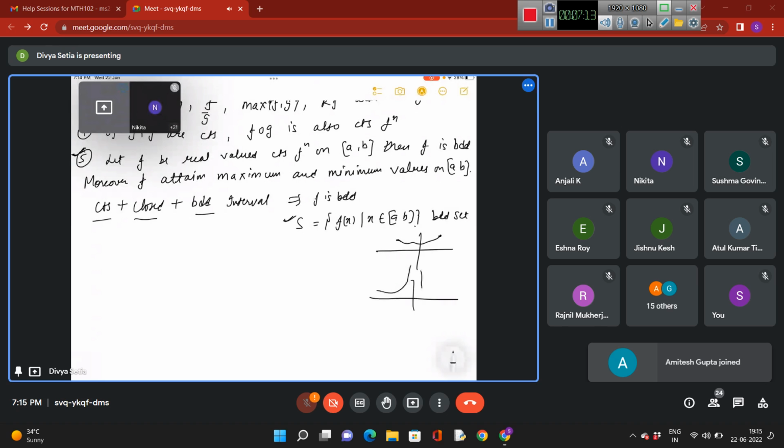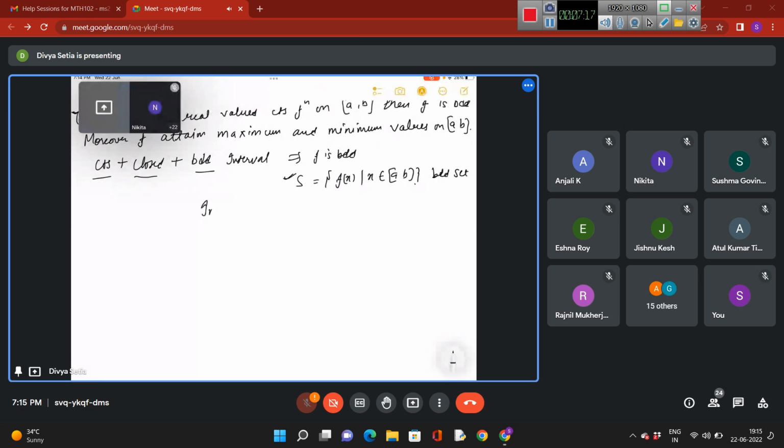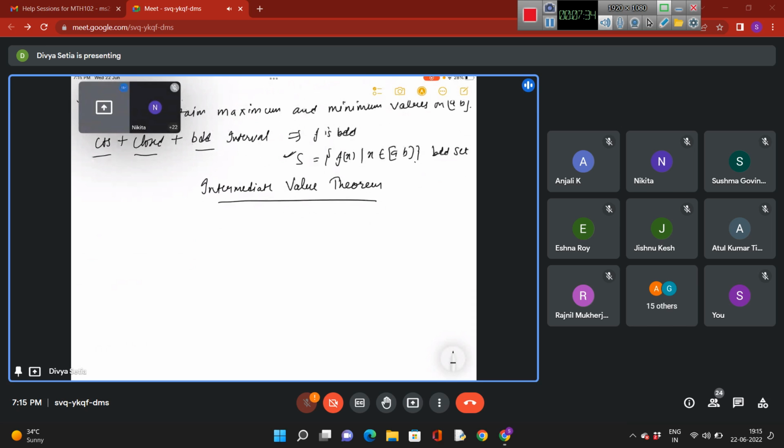Another important property of continuous functions is the intermediate value theorem. As the name suggests, whatever value is in between should be attained.